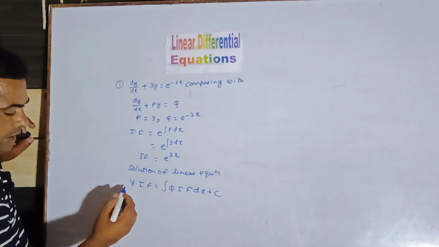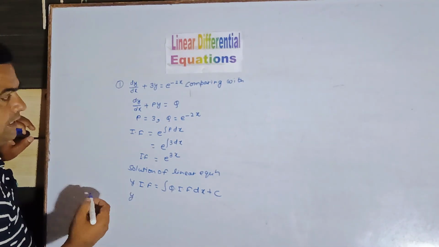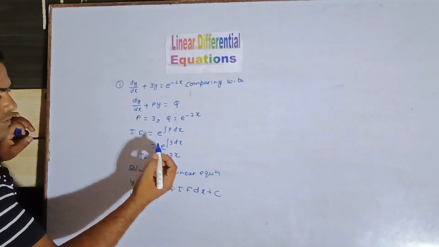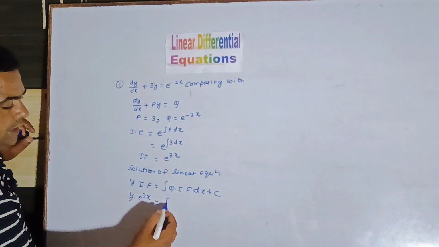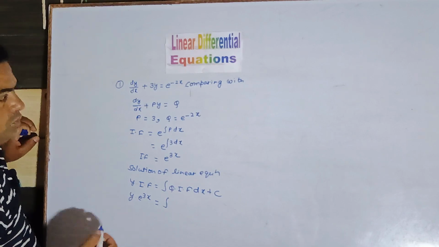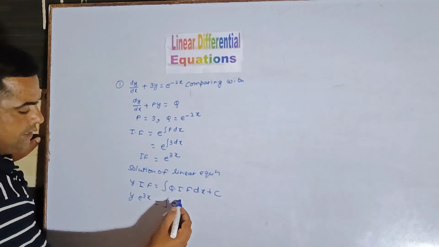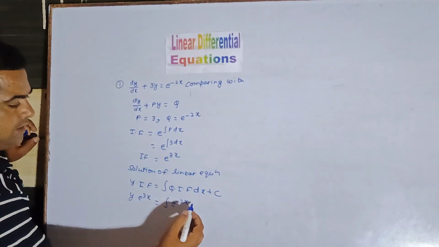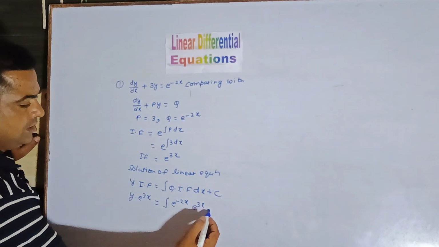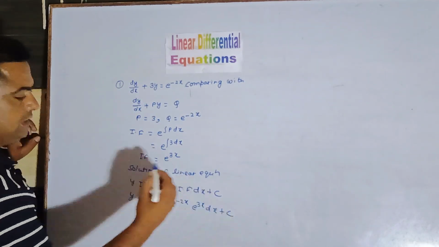Now we will put the values: y times e to the power 3x is equal to integral of, the value of q is e to the power minus 2x, and the value of IF is e to the power 3x, into dx plus c.